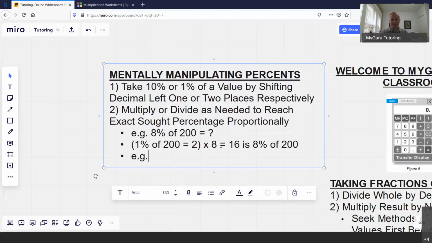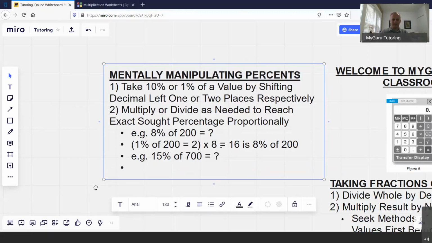So another one, for instance, if I wanted to know 15% of, we'll go with 700. So we know that 10% of 700 would be equal to what? So what is 10% of 700? Not 10%. 10% is not going to be 7. So 70, yes. So 10% of 700 is going to be 70.